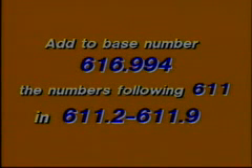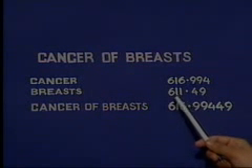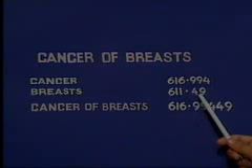Under this, there is a direction to add to base number 616.994 the numbers following 611 in 611.2 to 611.9. The number for breast in the main schedule is 611.49.